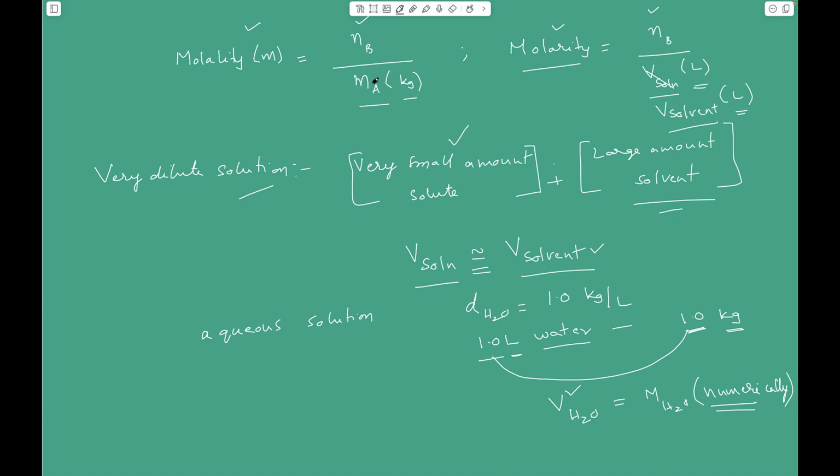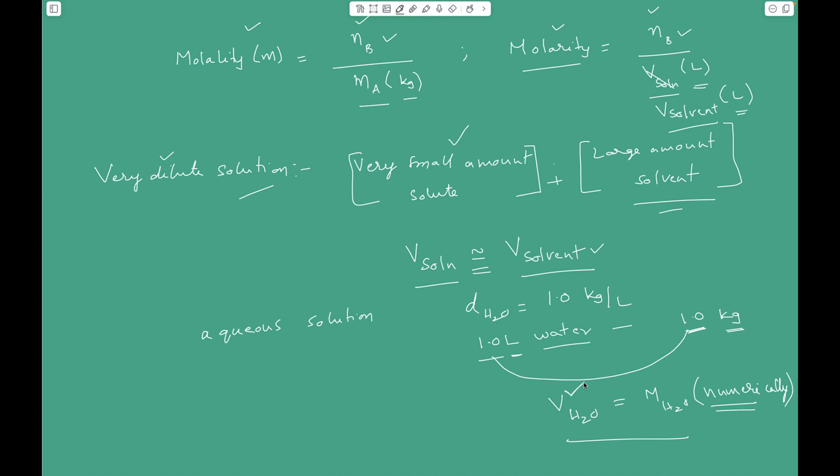Now, if you compare these two expressions for a very dilute aqueous solution, obviously we have the same value in the numerator in both expressions. Their numerators are the same, and their denominators are also approximately equal for a very dilute aqueous solution. That is because for a very dilute solution, the volume of the solution is approximately equal to the volume of the solvent, and under normal conditions, the density of water is 1 kilogram per liter.